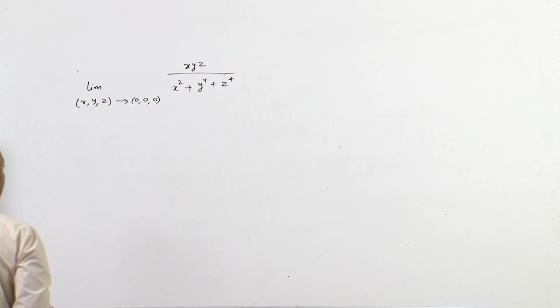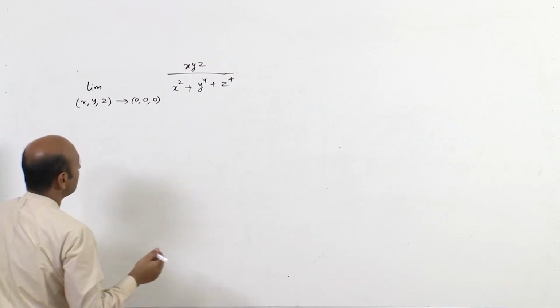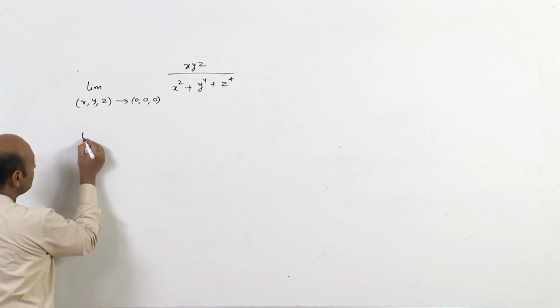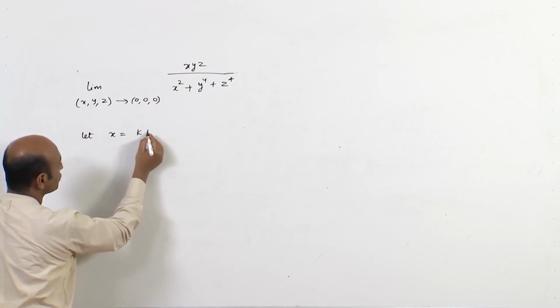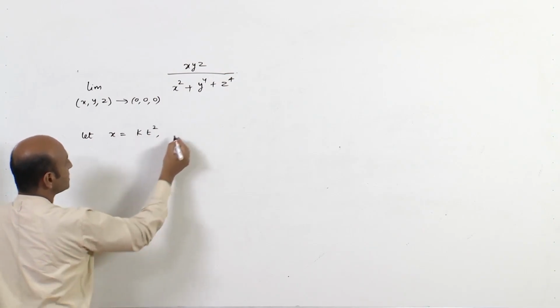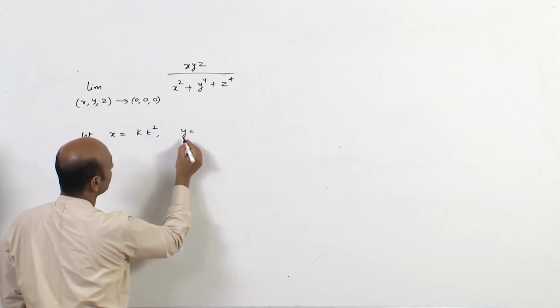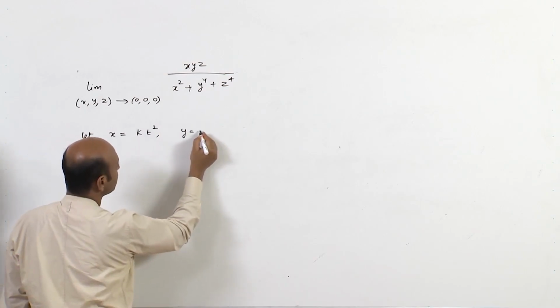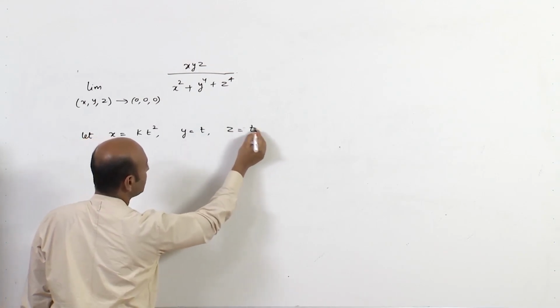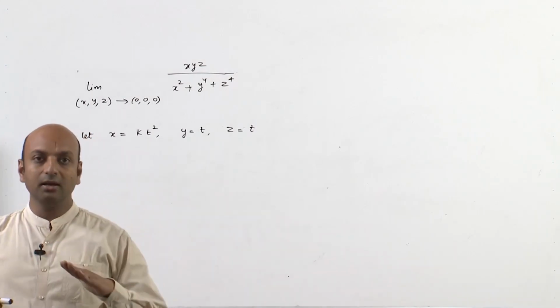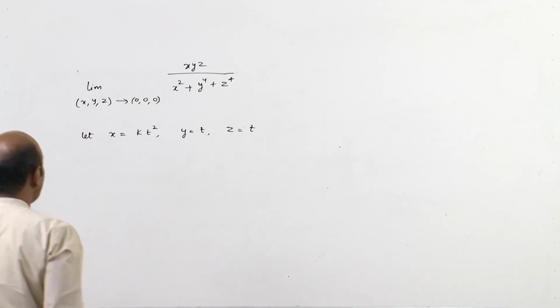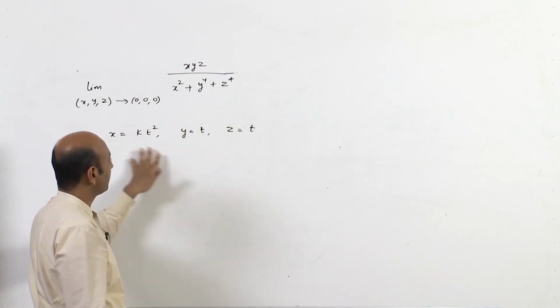So we can choose some path, say let x equal to kt square, y equal to t and z equal to t, where t is some parameter. Basically in 3D we are taking this curve.